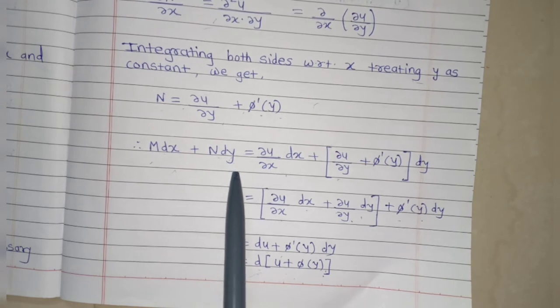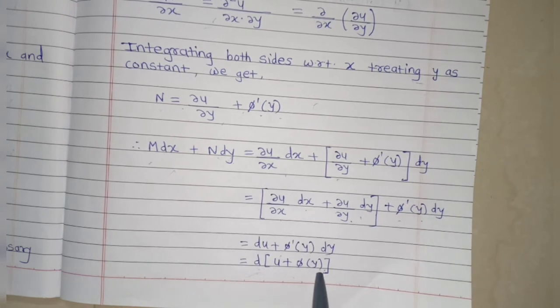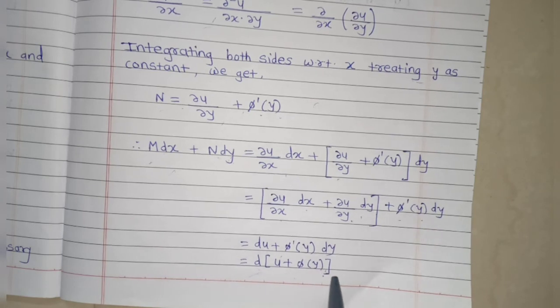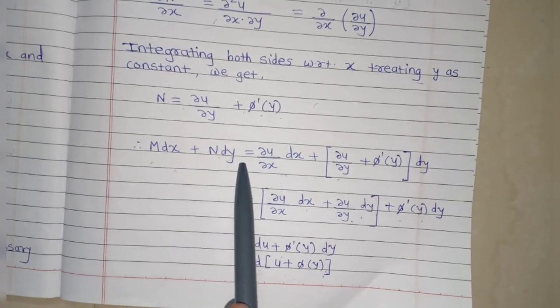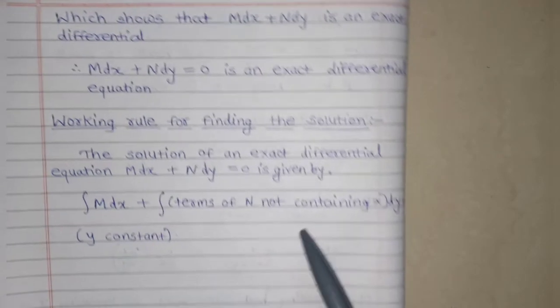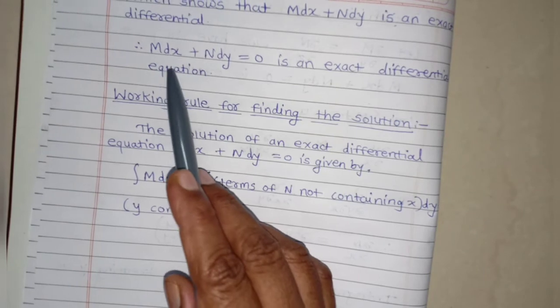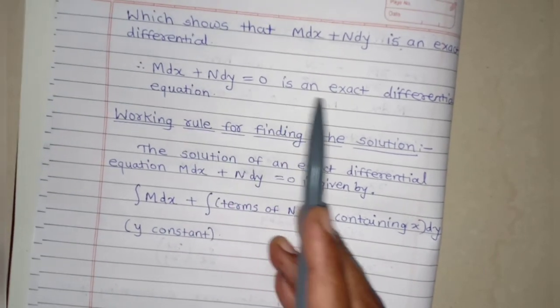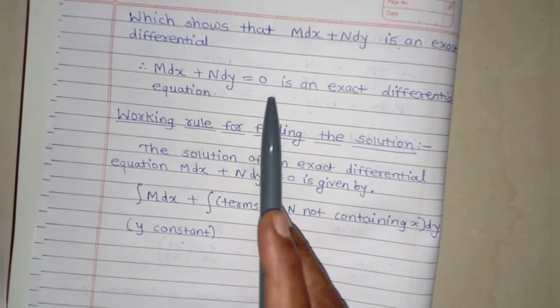That means the equation M dx + N dy is obtained from its primitive u + φ(y) by differentiation only. So this equation M dx + N dy is an exact differential equation, since it is obtained from its primitive by differentiation only. Thus we have proved the sufficient part.